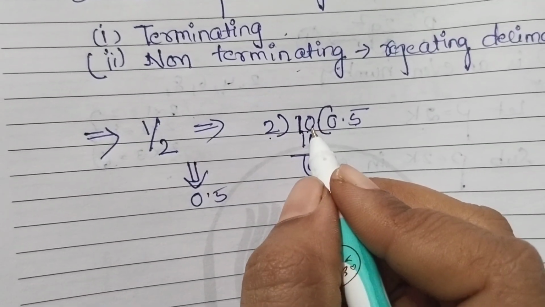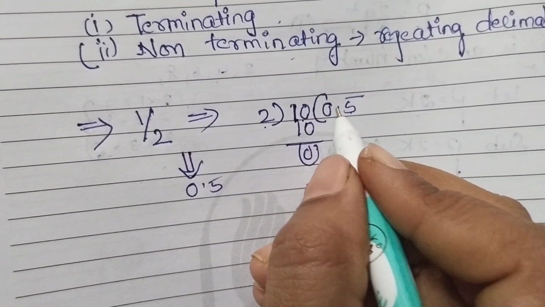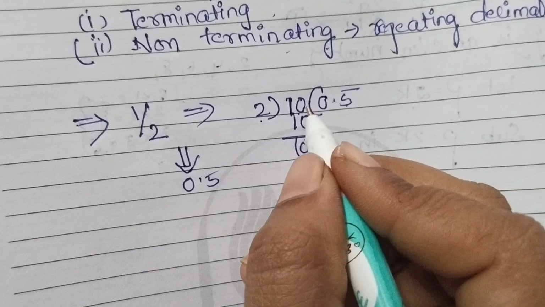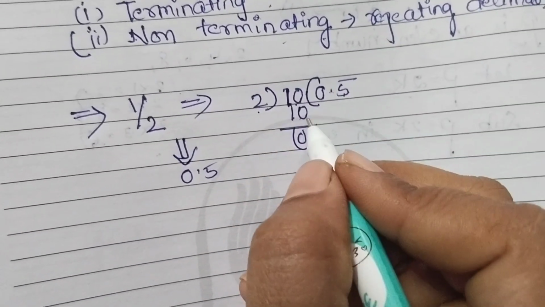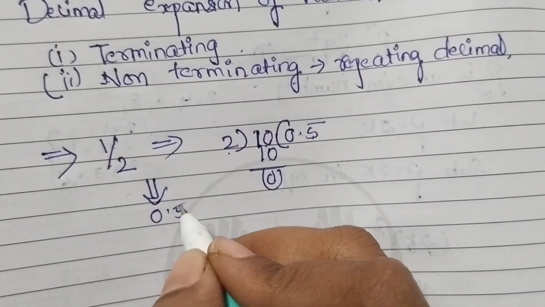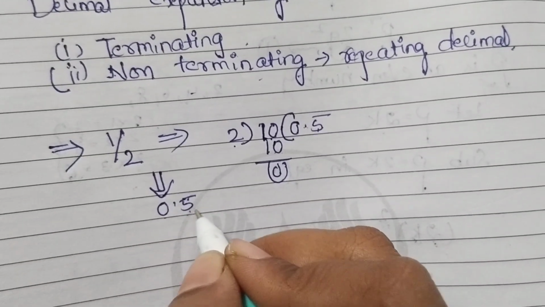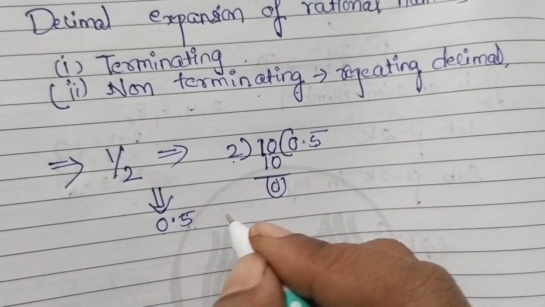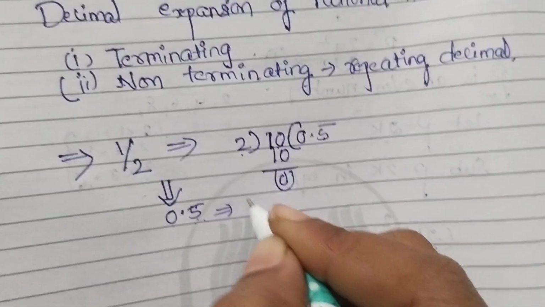So I have taken 1 0, so for here 0. Okay. 5 twos are 10. Answer is 0.5. It is terminating, right? It has stopped here. This is the example for the first one, terminating.